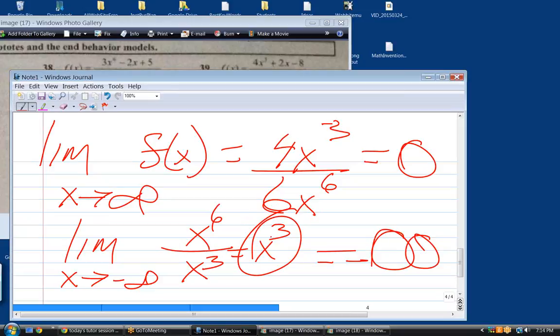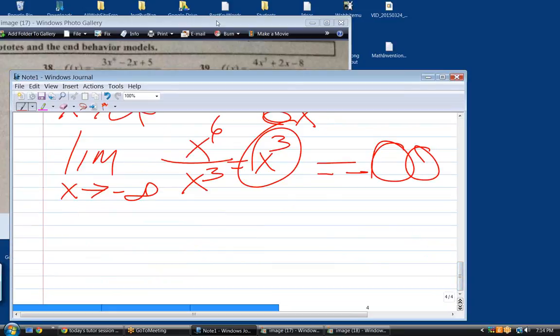If I graphed y equals x to the third, you would see that as x goes to negative infinity, y goes to negative infinity. So it's not always 0, positive infinity, but sometimes it's 0, positive infinity, negative infinity, or some number.